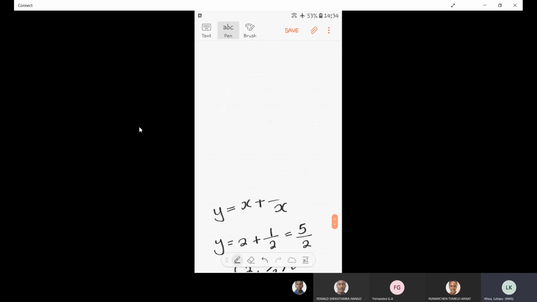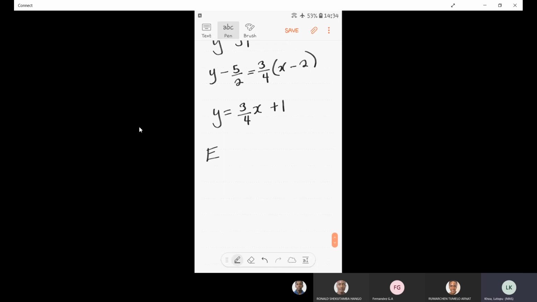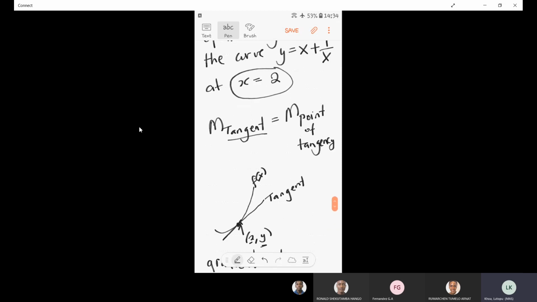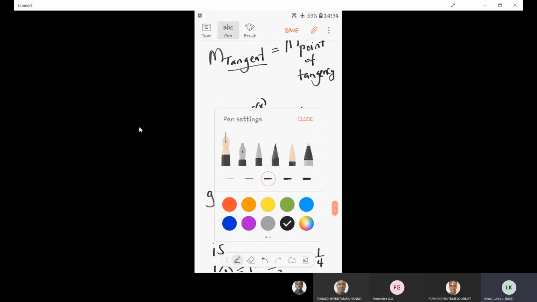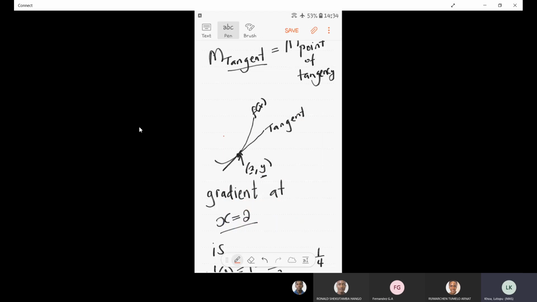Now you can also be asked to work out the equation of the normal. Now the normal, I go back to my graph over here. If this is the tangent, then your normal is perpendicular to the tangent. So this is your normal here. It is perpendicular to the tangent and they pass through the same point.